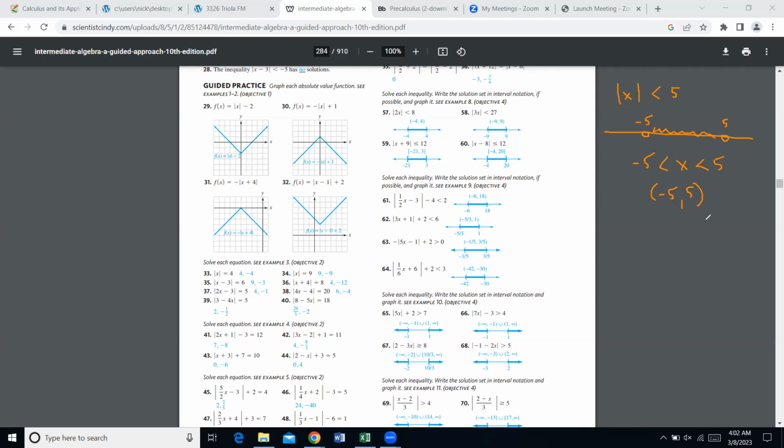Let me try one that has greater, like exercise number 67 here, with absolute value actually greater than or equal to, for a change. So 2 minus 3x inside the absolute value bars is going to be greater than or equal to number 8.